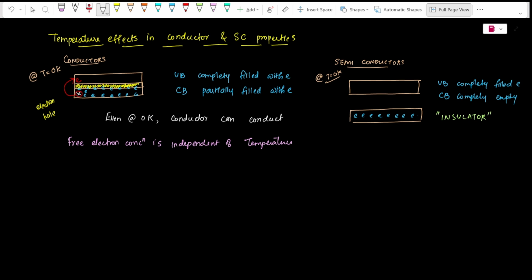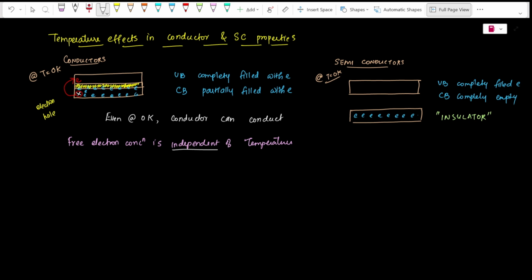Even if one electron is lost, nothing changes. It's just like nothing is happening. Why? Because it's independent of temperature. Even if there was no temperature, no electron excitation would have taken place, and that scenario is equivalent to that of applying a temperature, right? So the free electron concentration is completely independent of temperature.